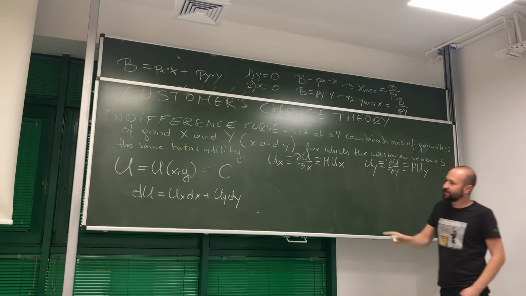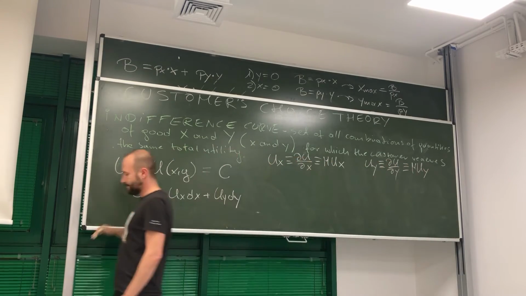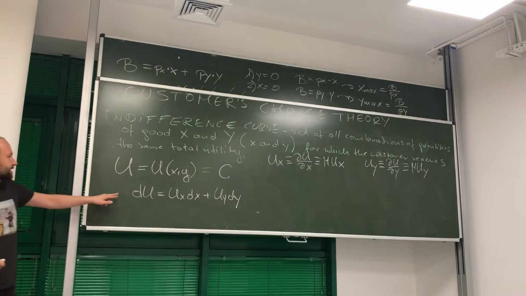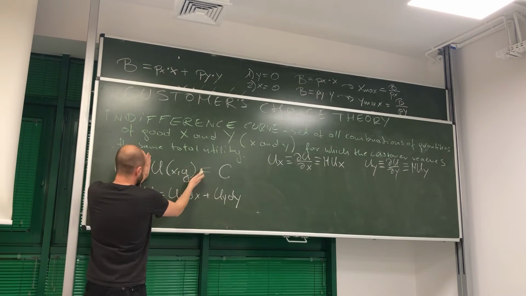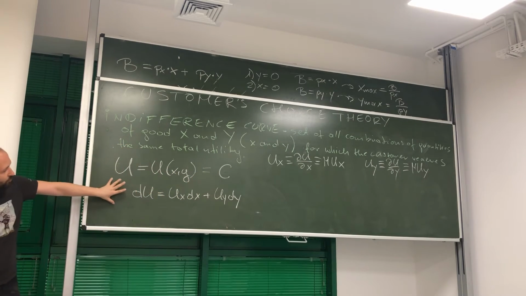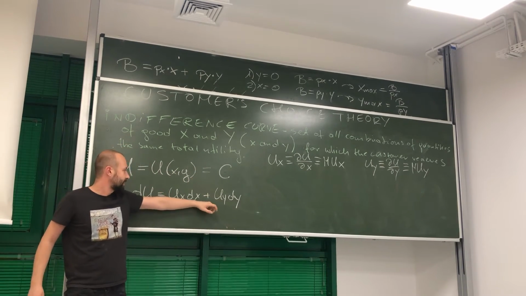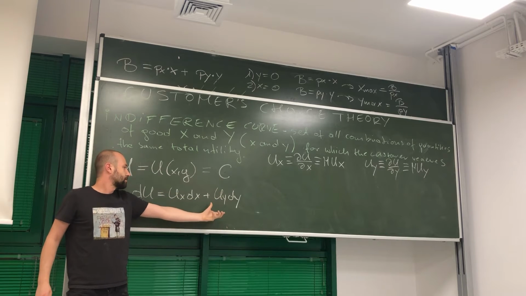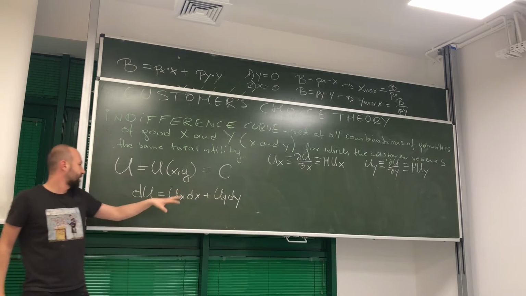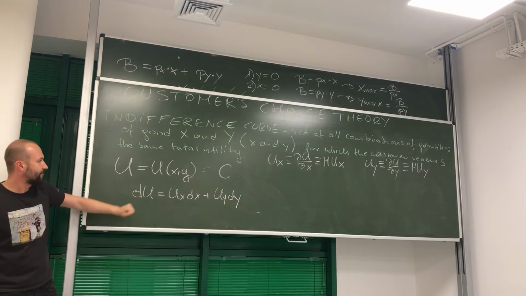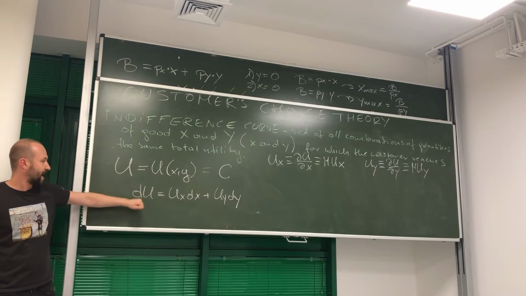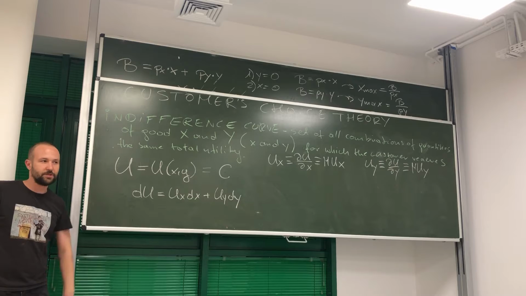Okay, and now look, we dealt with this, right? We've got an expression that gives us change, two possible sources of change in the level of utility. However, we want this change to be equal to 0. Why?